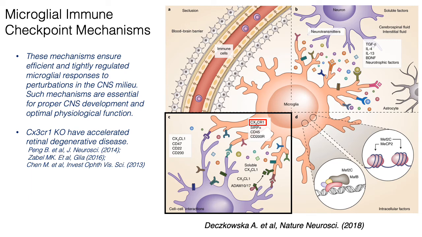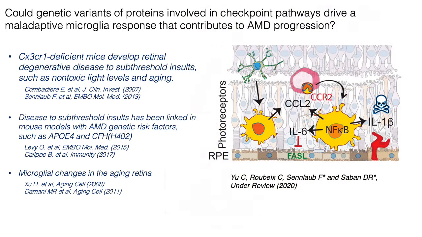So this suggests that this specific immune checkpoint may be key to maintaining microglial protective functions, and in the absence of such, may switch to a maladaptive state, which then is no longer able to protect or even causes pathology.